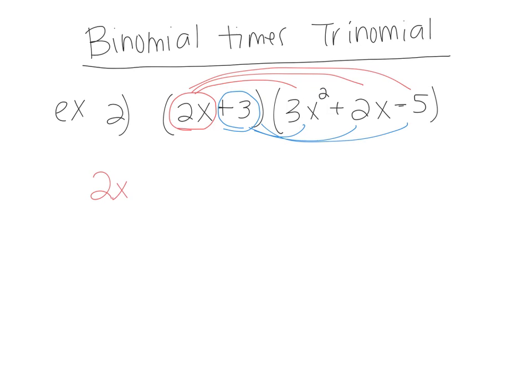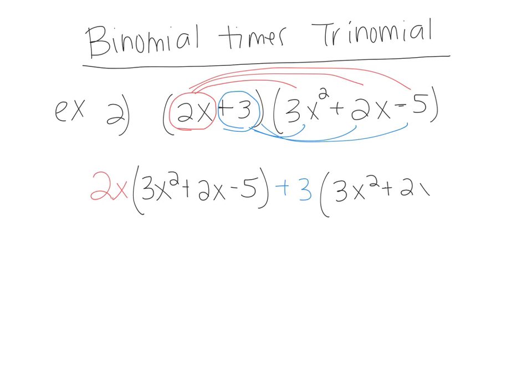So I'm going to take that 2x and multiply it times 3x squared plus 2x minus 5. And then take my plus 3 and multiply that 3x squared plus 2x minus 5.